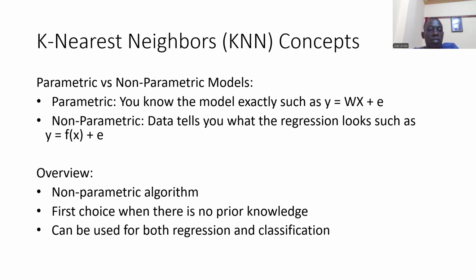The overview of KNN is that it's a non-parametric algorithm. When we don't have prior knowledge, it becomes our first choice, and besides that, it's used for both regression and classification.